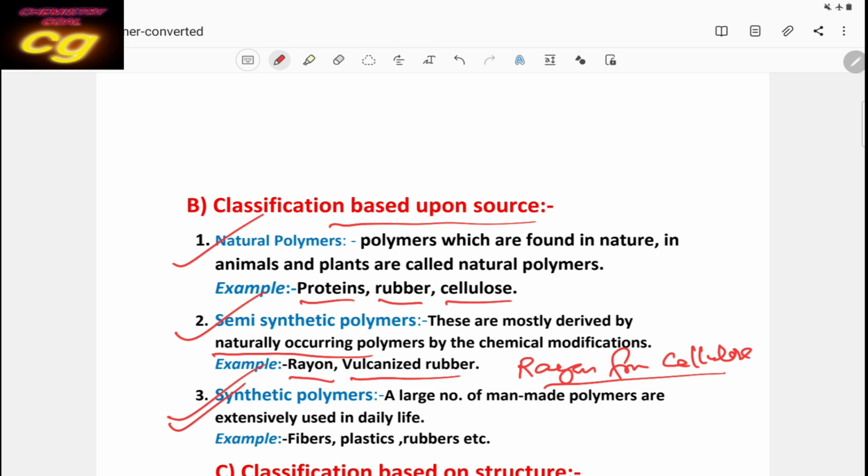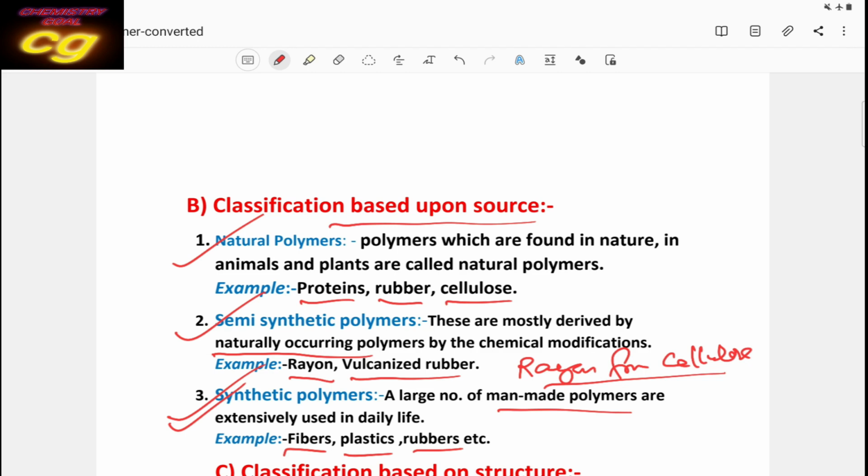Synthetic means man-made polymers, generally fibers like nylon, terylene, then different types of plastics, rubbers, addition polymers and condensation polymers.